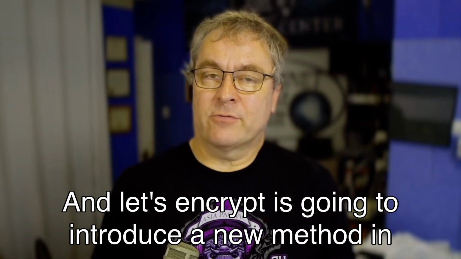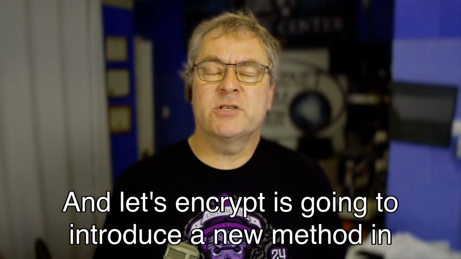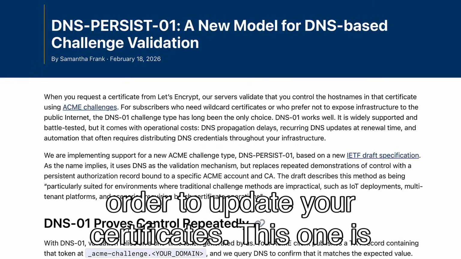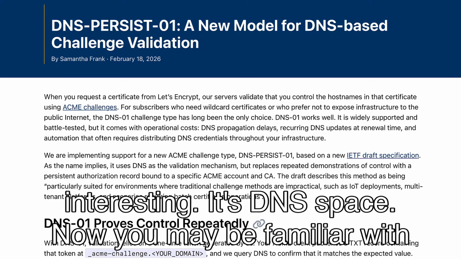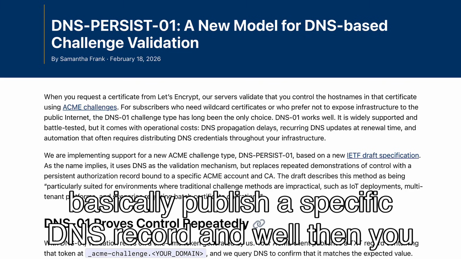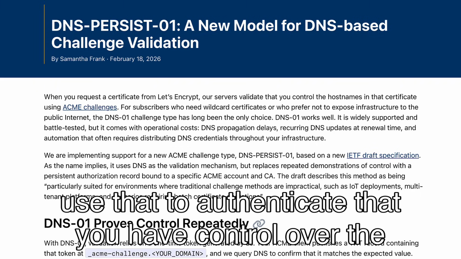And Let's Encrypt is going to introduce a new method in order to update your certificates. This one is interesting. It's DNS-based. Now, you may be familiar with DNS-01. That's the method that I personally prefer. You basically publish a specific DNS record, and then you use that to authenticate that you have control over the domain.